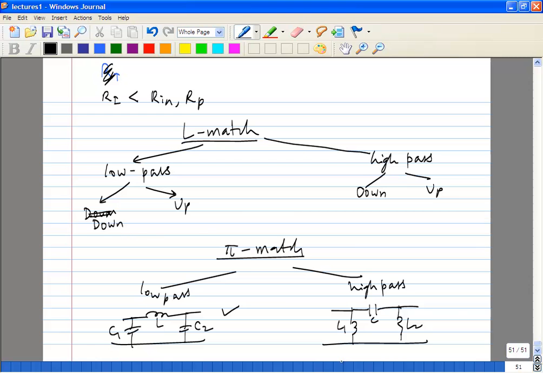So what that means is the DC output voltage of your amplifier is completely transparent to the external world. You definitely don't want that. So you may end up choosing something like this, or maybe one of these L matches which has a series capacitance. Otherwise, to make sure your DC doesn't pass, you'll have to add an explicit very large capacitor in series.